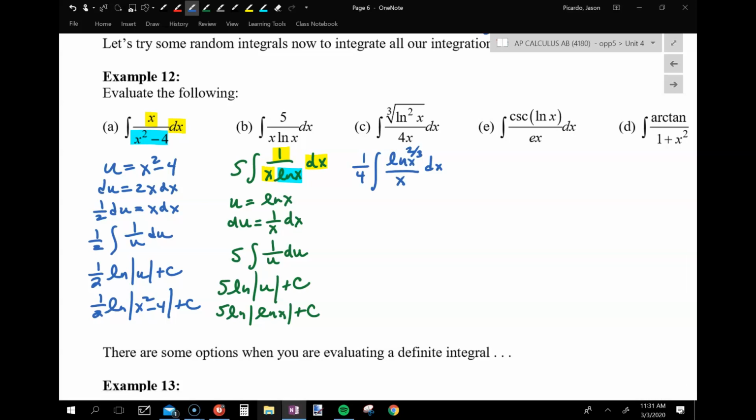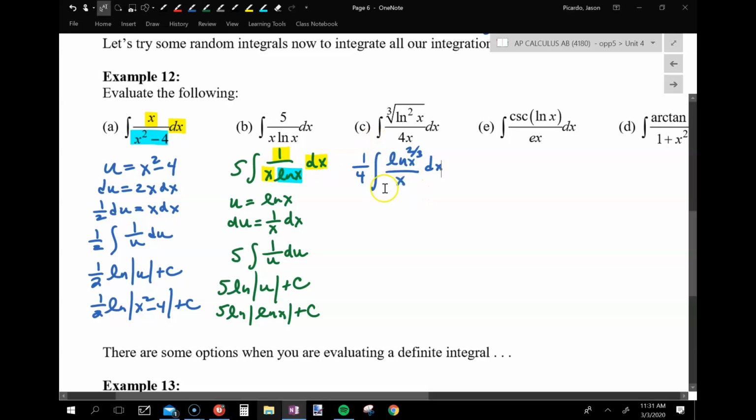I think based on our previous experience, what seems like a pretty good choice for you? Natural log, because then I'll get a 1 over x and I'll be able to get rid of that, right? All right, so my 1 over x dx, right?